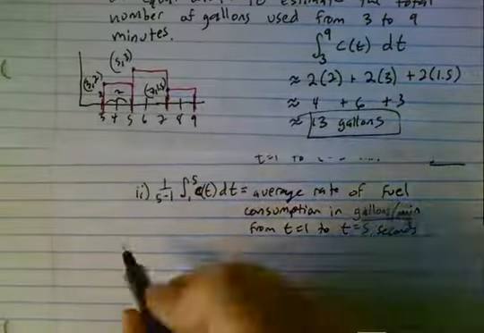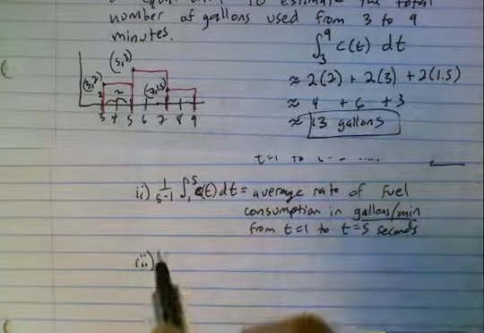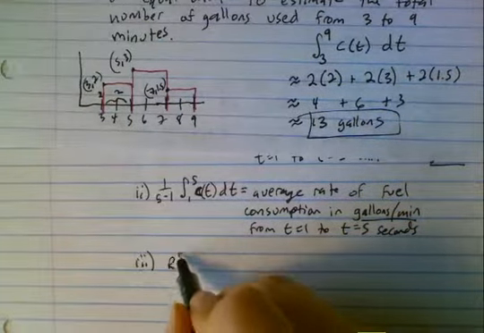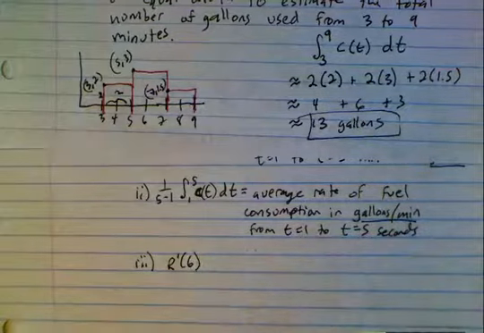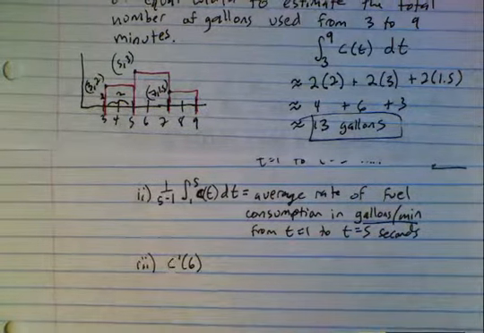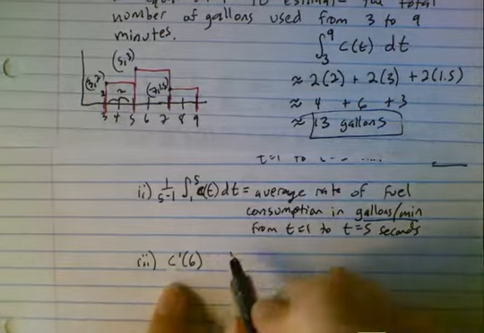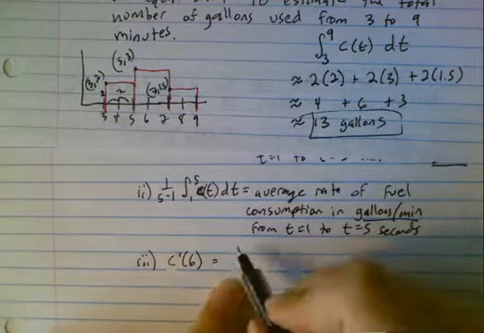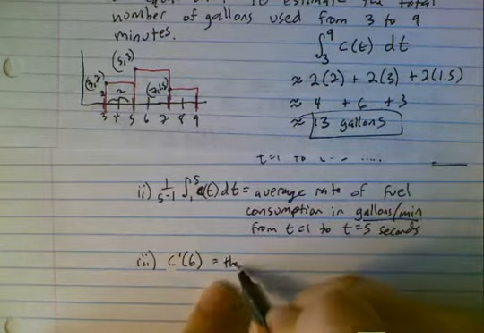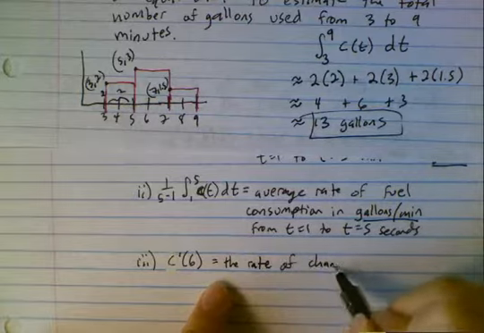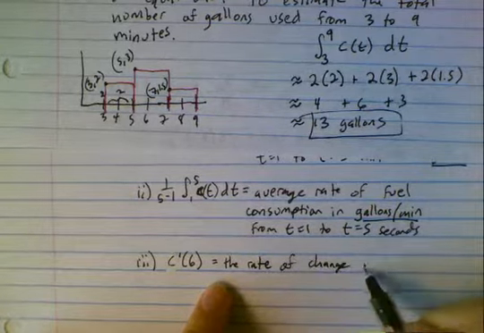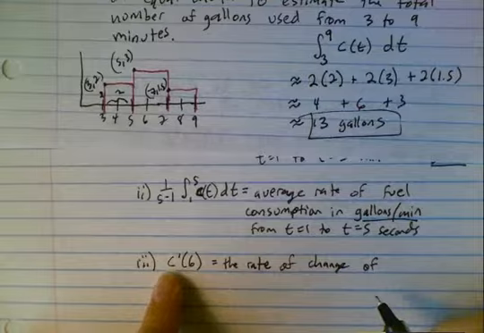And then the final problem, let's interpret c prime of 6. Oops, that should be c prime of 6. We don't have an r in this equation. So this is the rate of change. That's what the derivative means, of c of t.